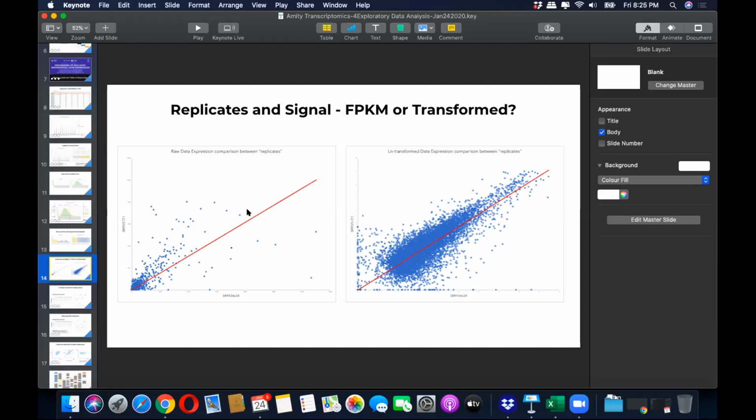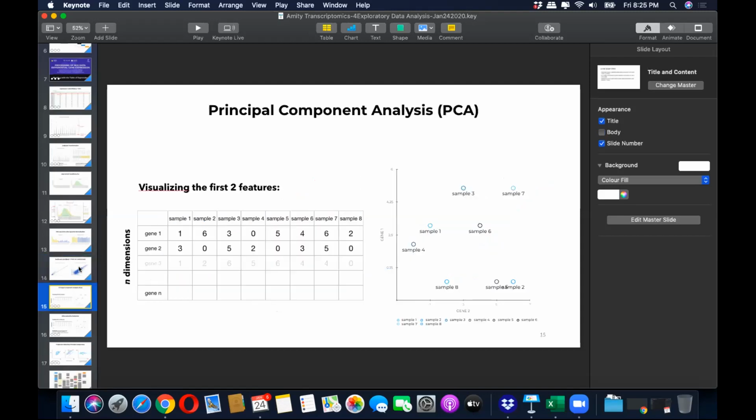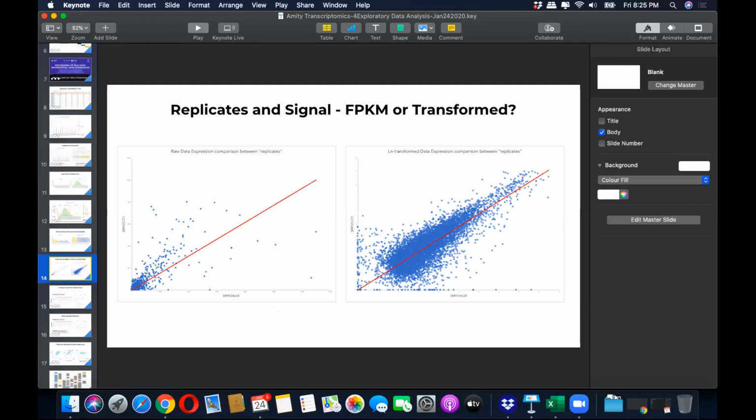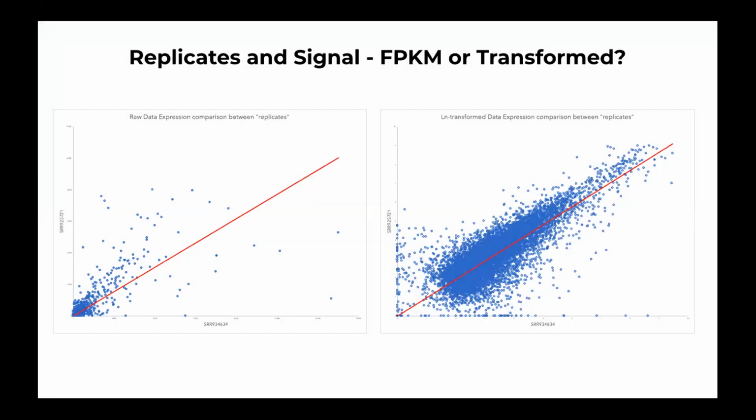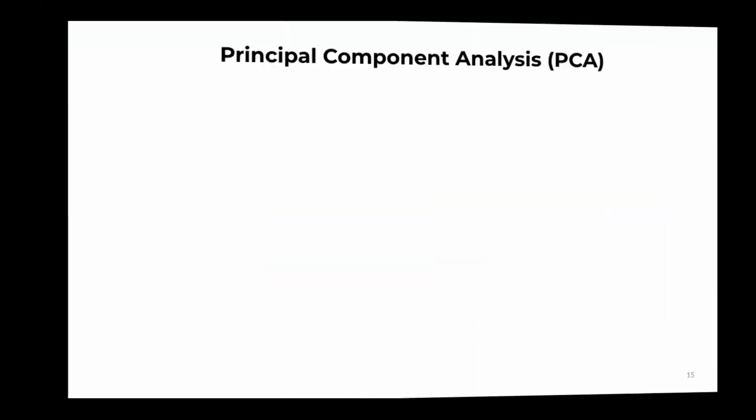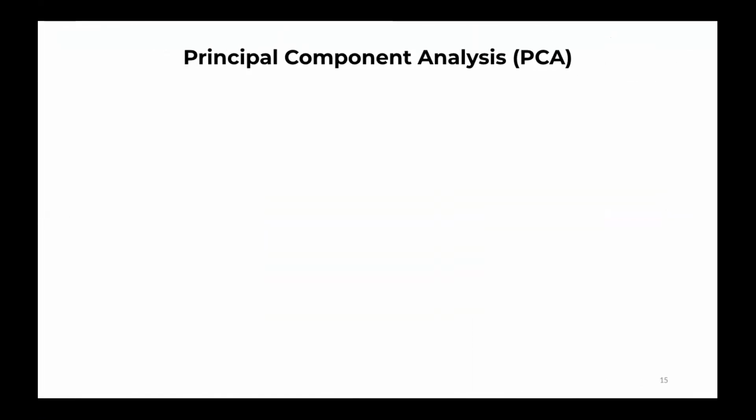So in RNA-seq data analysis, one of the key aspects that we're looking at is the variability or the variation in data. For that, we would be using, as I was telling you before, principal component analysis. So let me just go to the presentation. Yes. So principal component analysis.